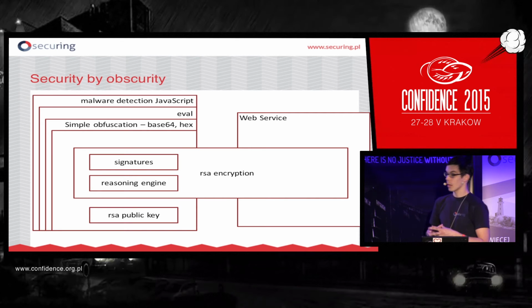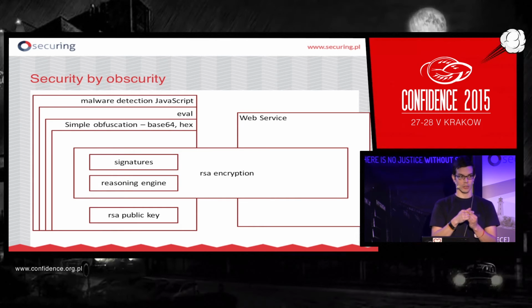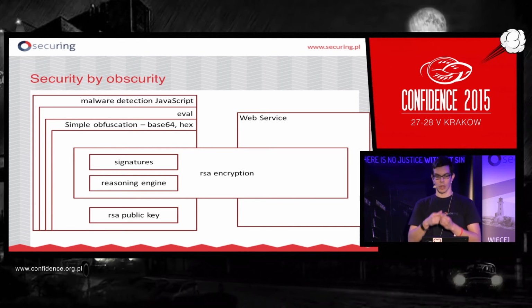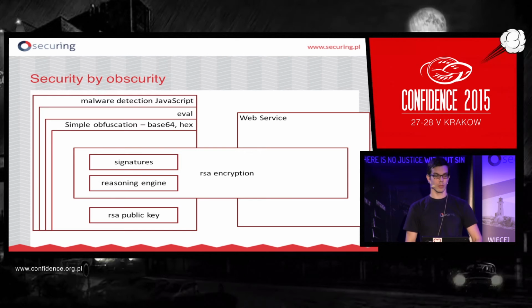Having this slide, we have signatures, what we are looking for, and the reasoning engine, how it actually works, embedded on the client side. So I think we have to protect it. We have to make the code hard to understand through obfuscation itself, and also through hiding in plain sight, embedding it in some real JavaScript inside the application.